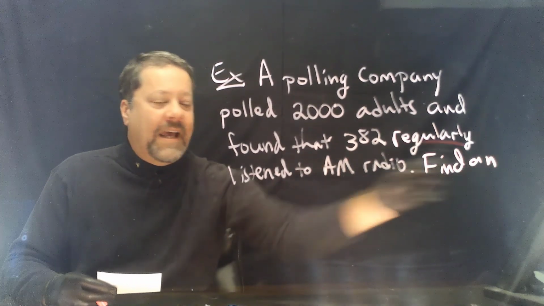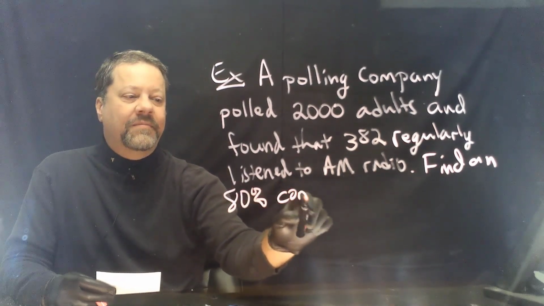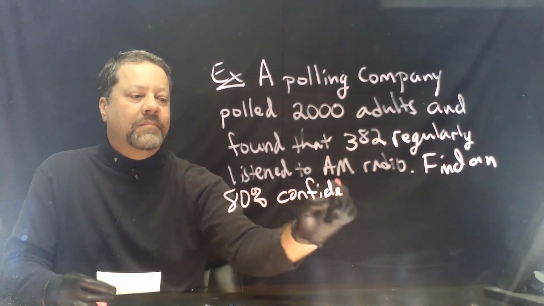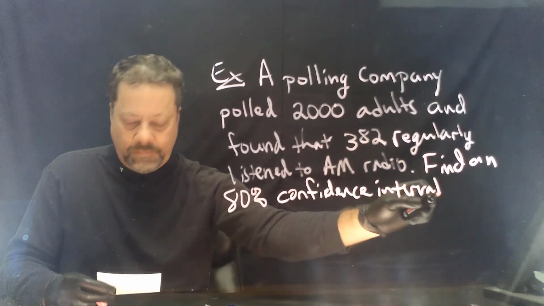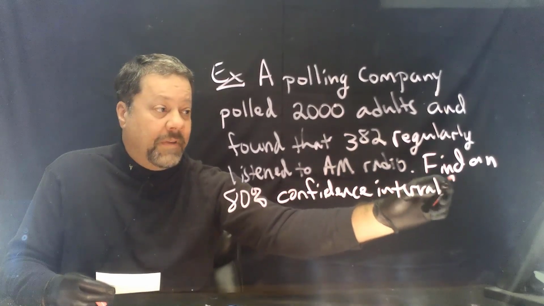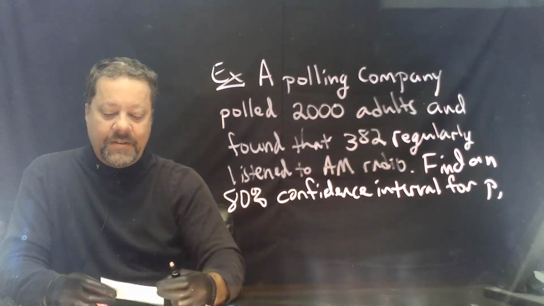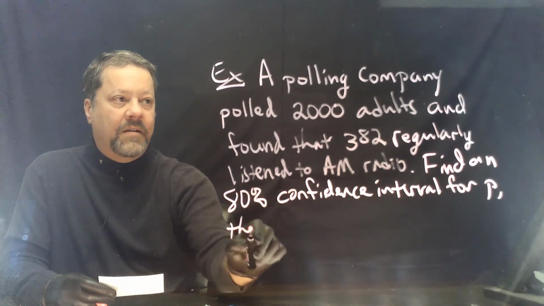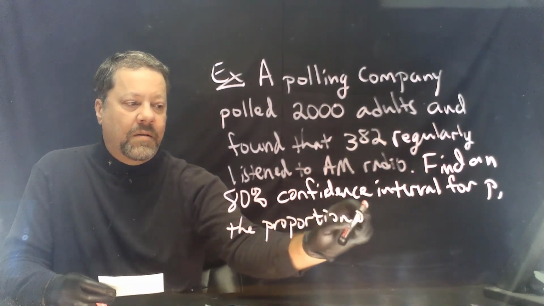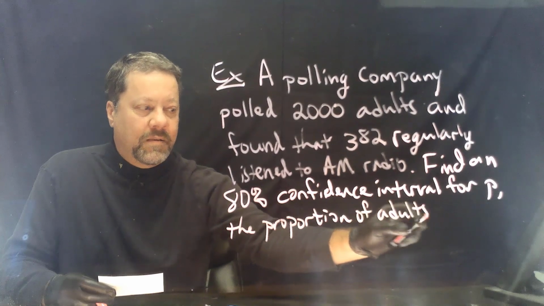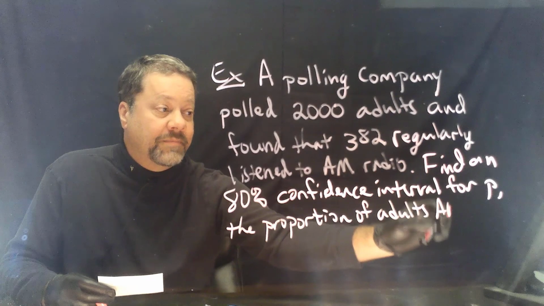Find an 80% confidence interval for P, the proportion of adults who listen to AM radio.